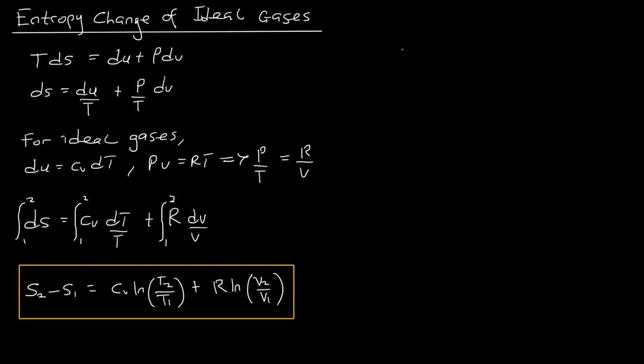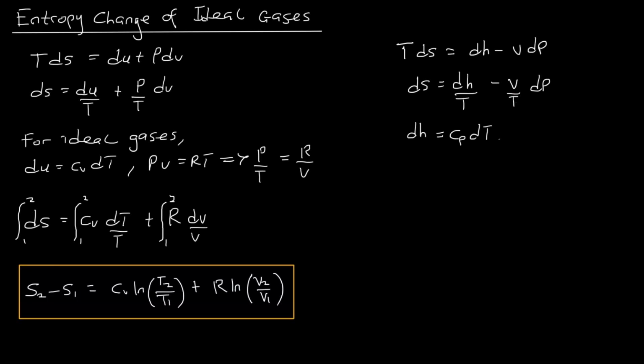Repeating the same process for TdS equals dH minus vdP, we have ds equals dH divided by T minus v divided by T times dP, and dH equals Cp, the specific heat at constant pressure, multiplied by dT.